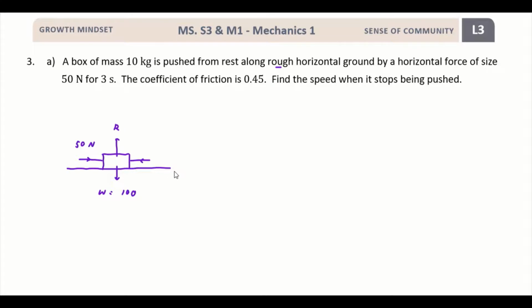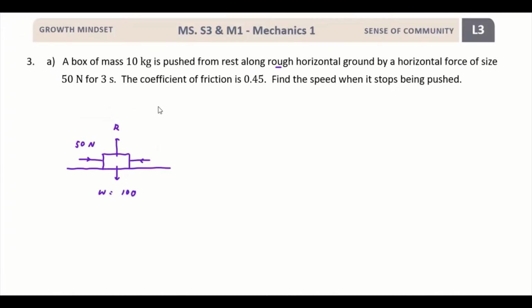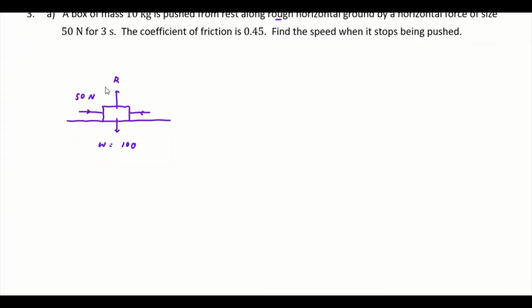Then for the second stage, the box slows down because of the friction. It means that after the 3 seconds, the box is not being pushed anymore. So now there's only friction, so you can imagine that the acceleration will be negative now.